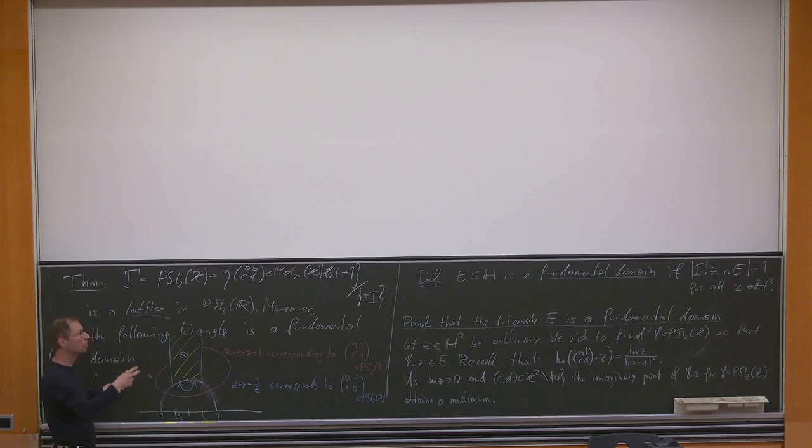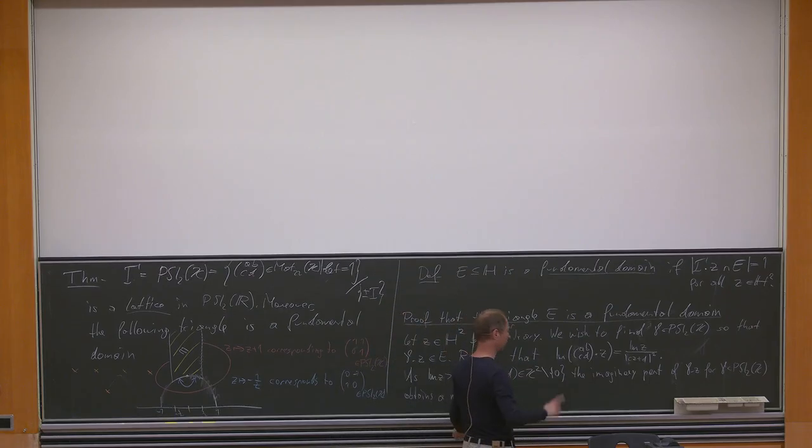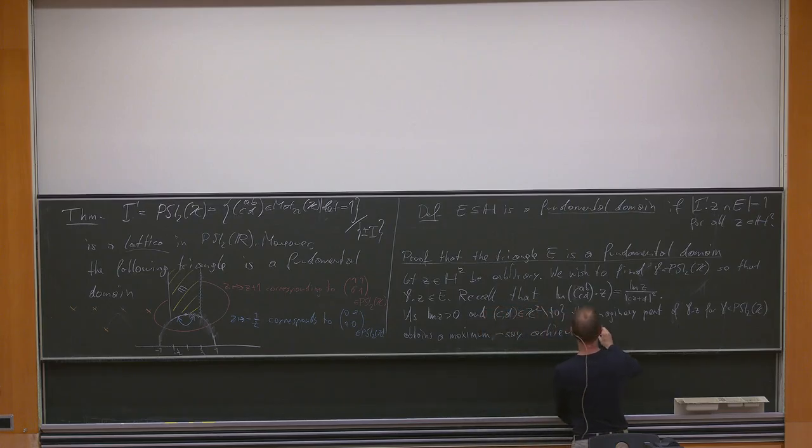So we can apply to the best first point another shift by an integer, and then we will be able to move into E, which we will have to show. Let the maximum be achieved at gamma 0 applied to Z.